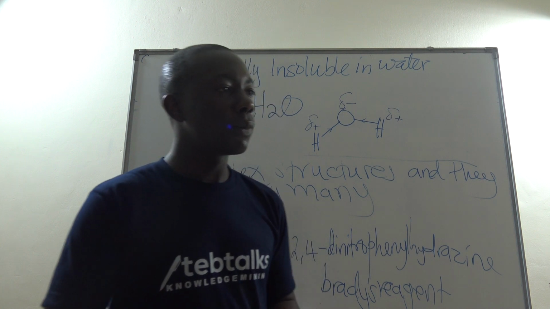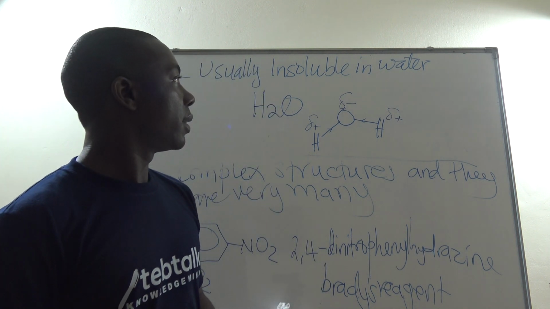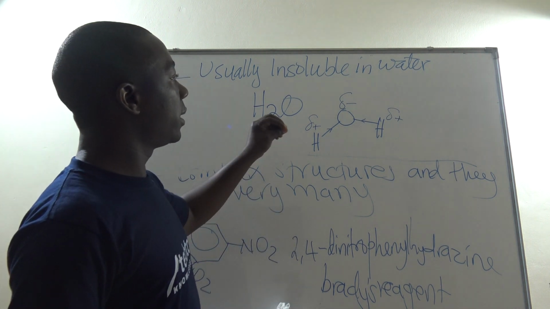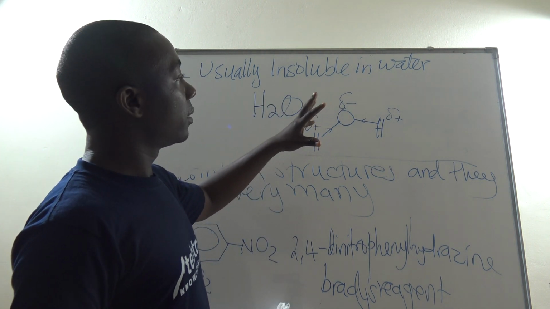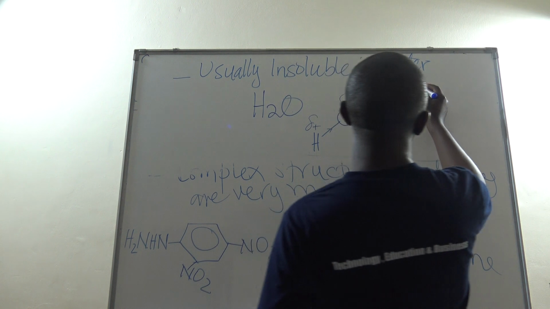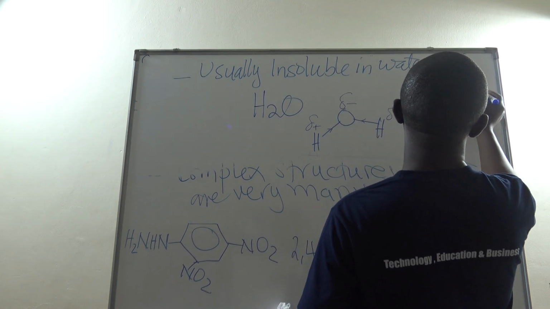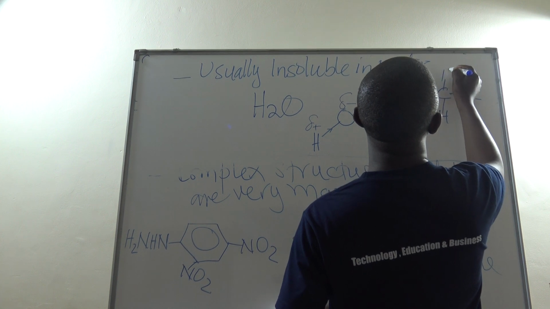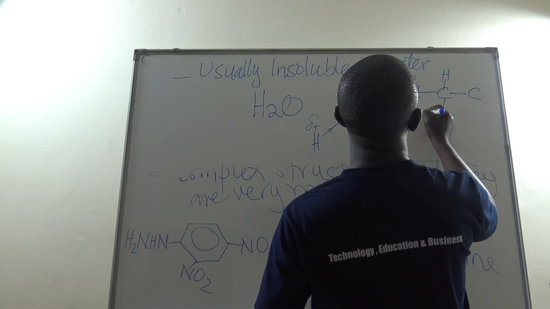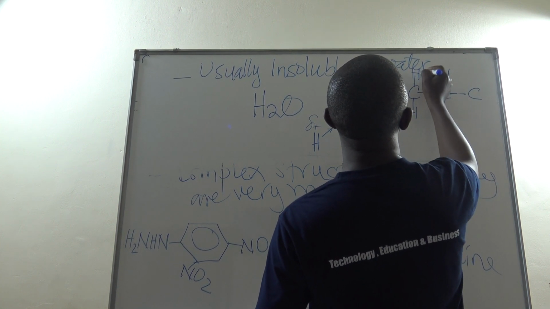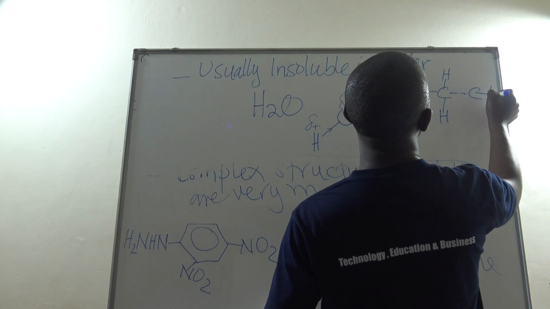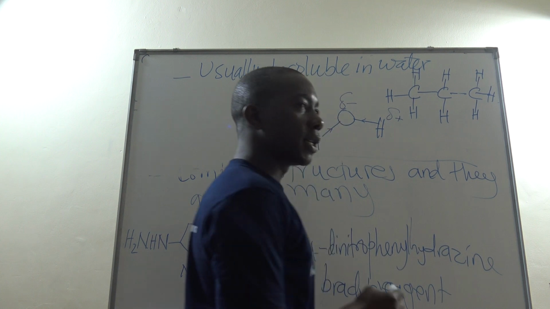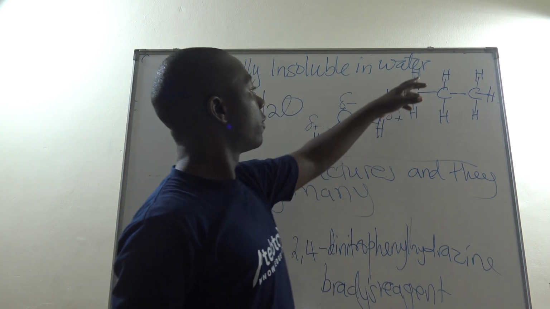So we can say there is no electronegativity difference, and since there is none, there is no formation of dipoles. You look at carbon and carbon, then look at the hydrogen surrounding it. There is no electronegativity difference, and when there is none, you cannot form dipoles.